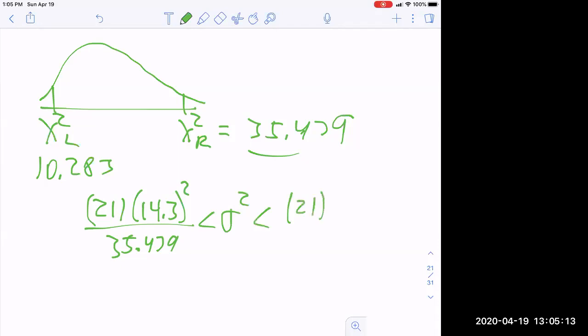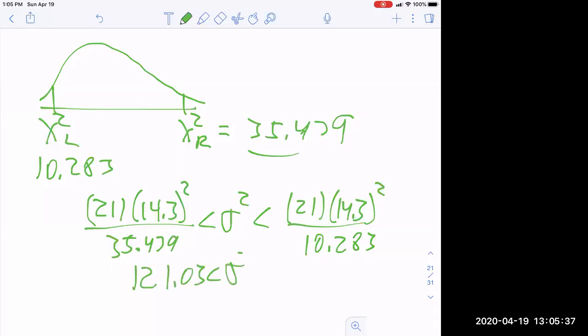It's less than 21 times that squared. This is like 121.03. It's less than the variance, less than 417.